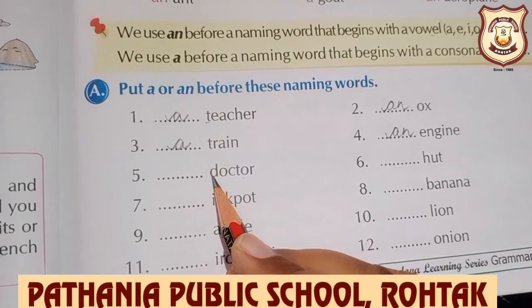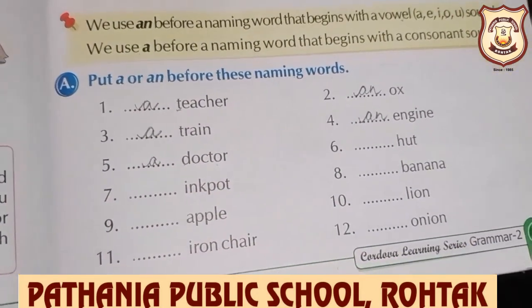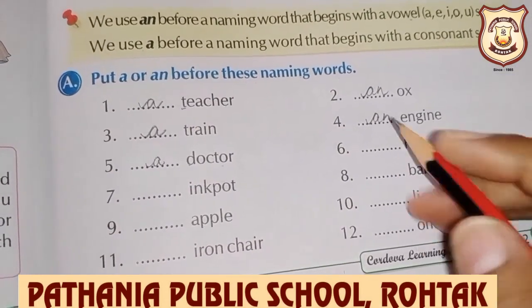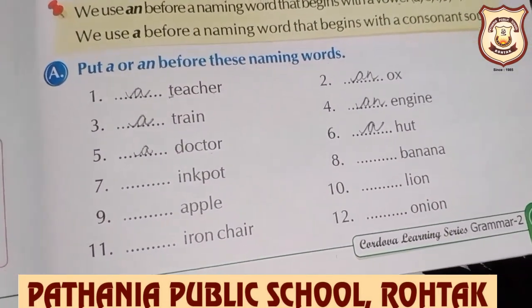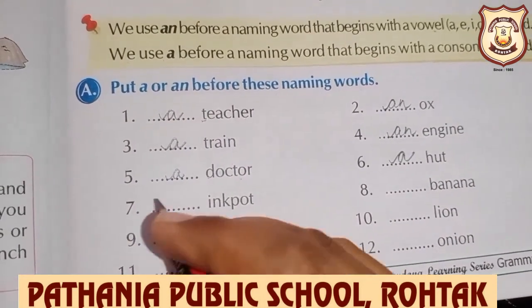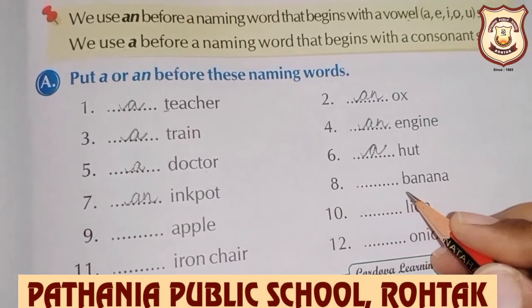Doctor. D is a consonant. Again a doctor. Hut. H. A hut. Inkpot. I, vowel, so an inkpot. Banana.